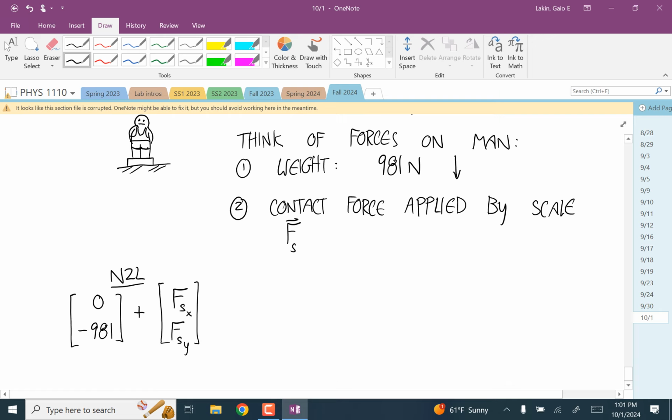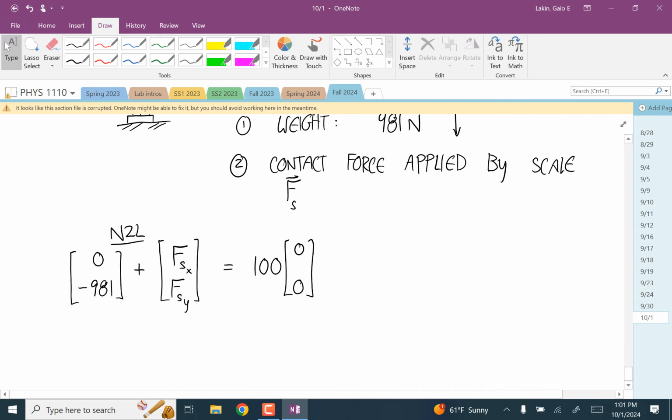And so you add those up, and that's equal to the mass, 100 kilograms, times the acceleration. So what's the acceleration of the man as he stands there? 0. Yep. There's no change in velocity. The velocity stays 0 the whole time, so this is just 0, 0. And now we can break this up into two different equations.